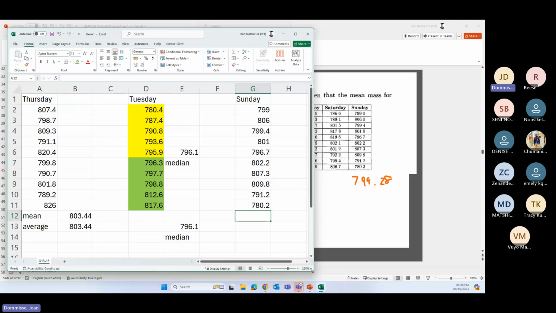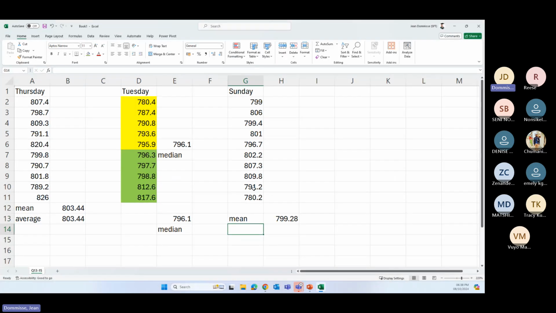And they told us, and let's just put the mean in there, it was 799.28. Okay, so let's first work out the mean as well, to see if that is correct.